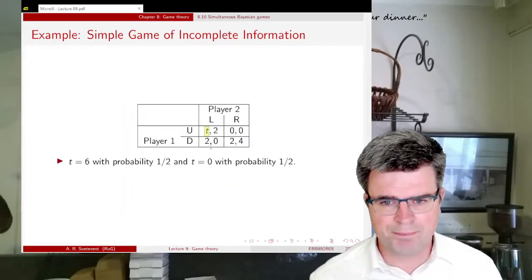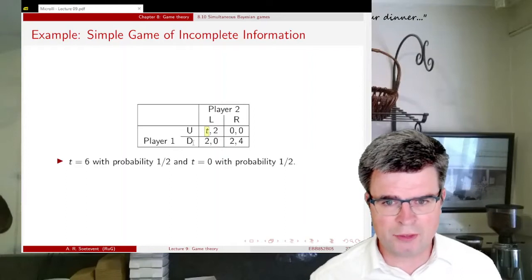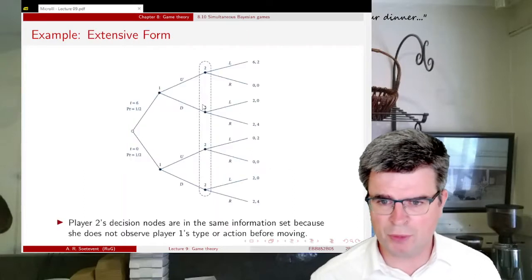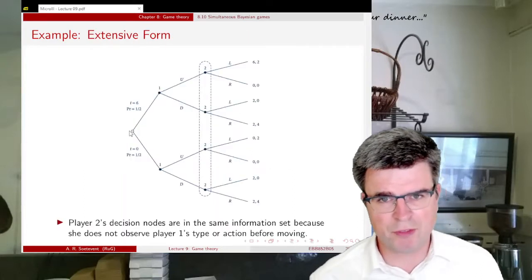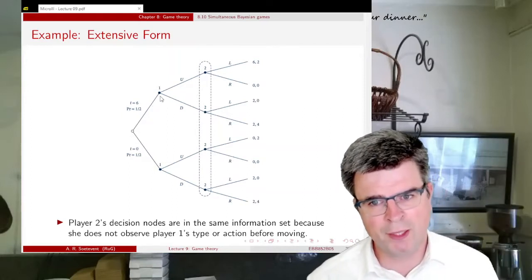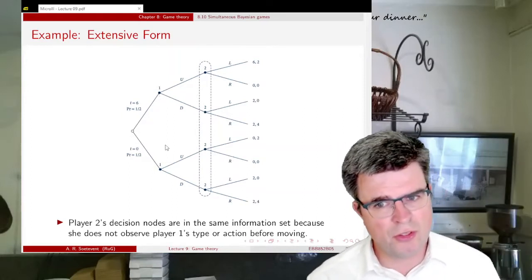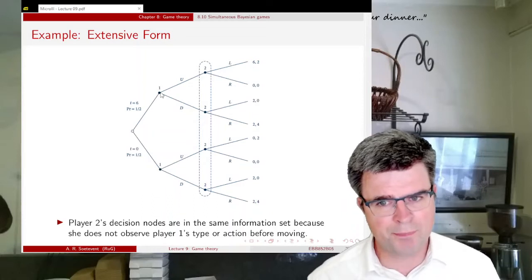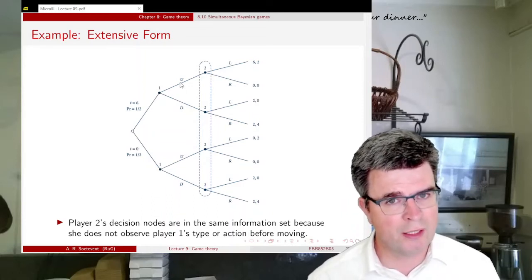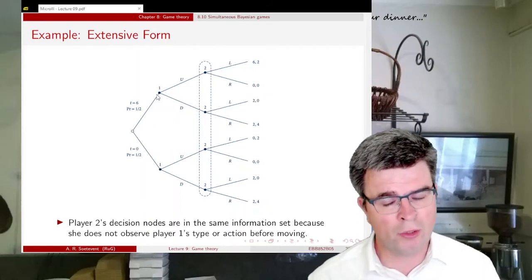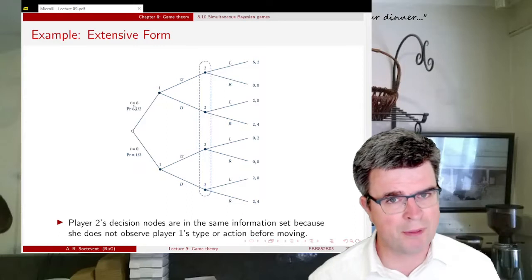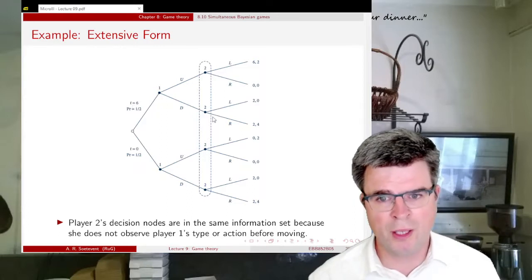We can also write this game, instead of in matrix form, in extensive form. That looks as follows. First, we have this draw from nature, drawing the type of player 1. Then these are the decision nodes of player 1. Player 1 can condition his or her strategy on his or her type because he observes the type that is drawn by nature.